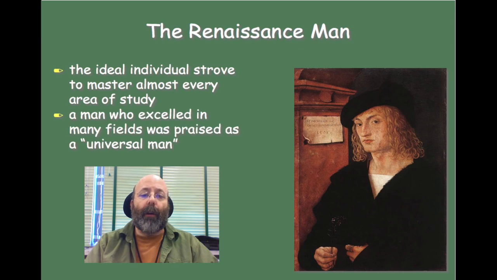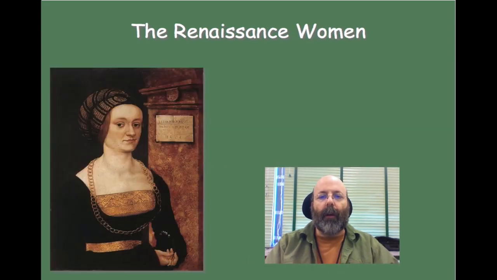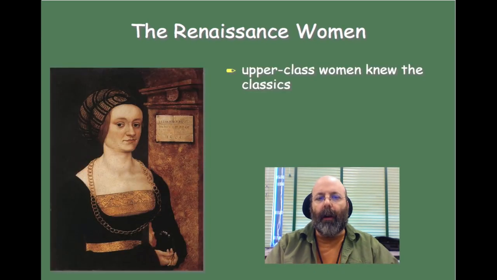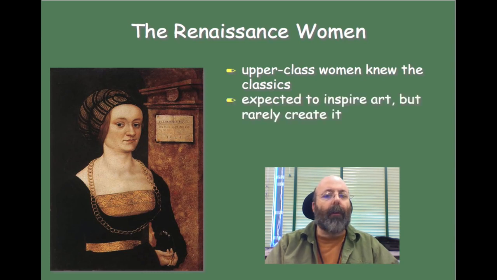All right, so a man who excelled in many fields was praised as a universal man. That's another way of thinking about it. A Renaissance man is sort of like a universal man. We also have the concept of a Renaissance woman. In this case, you had upper-class women who basically knew the classics. They could read Latin. They read the classics from ancient Rome. They were well-versed in that school of thought. They were also expected to inspire art, but not create it.